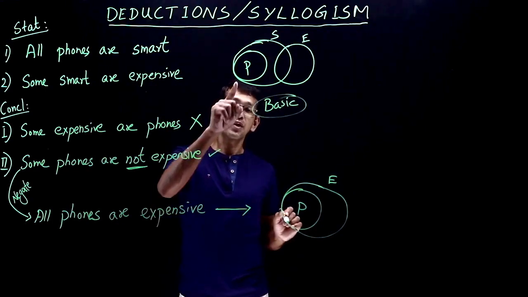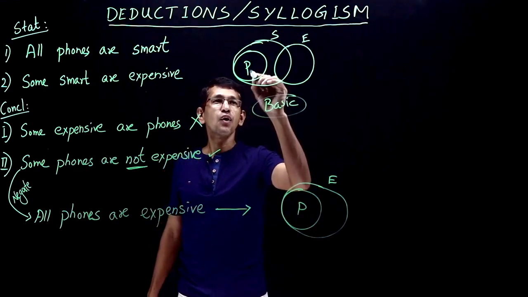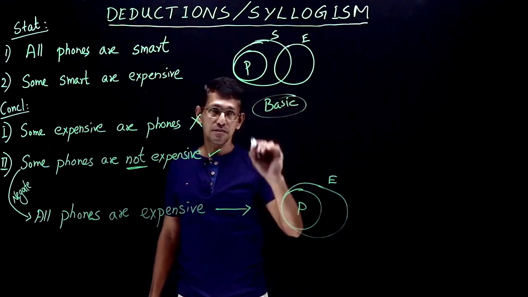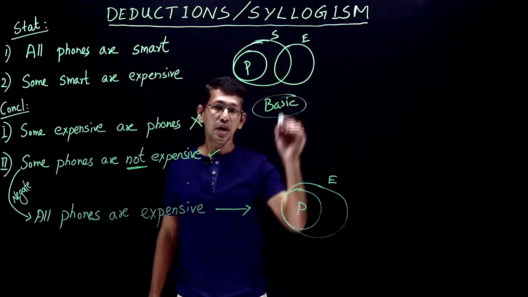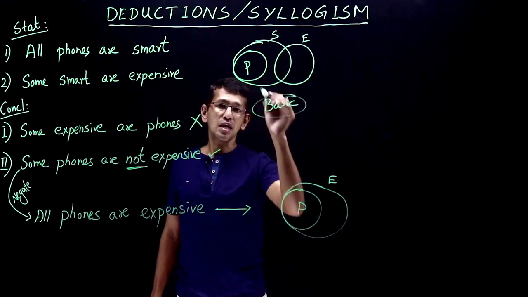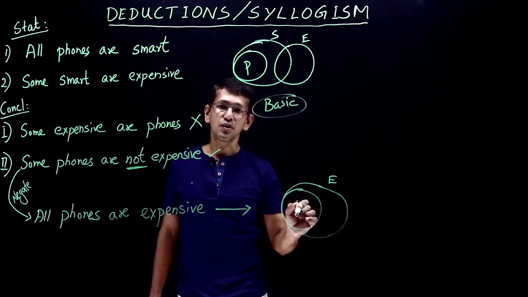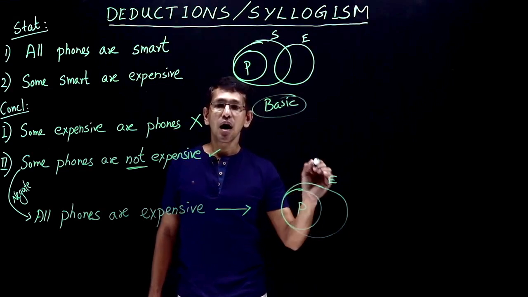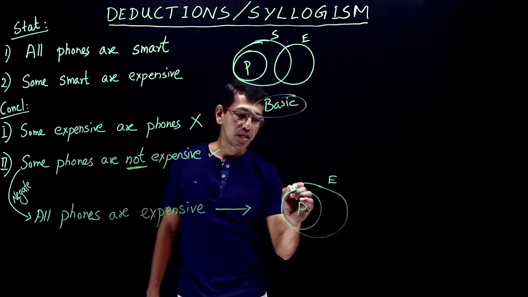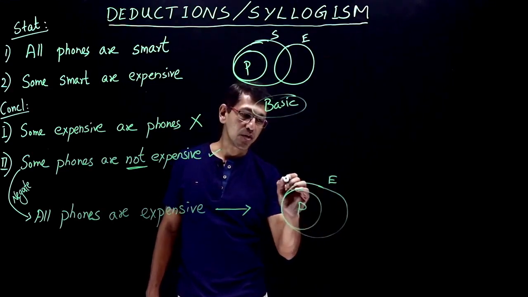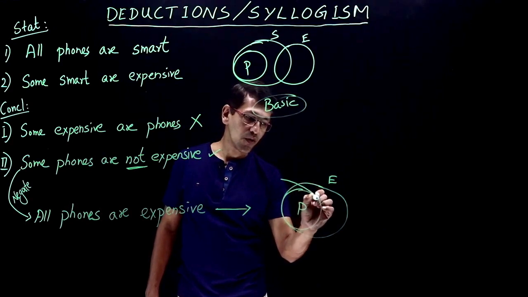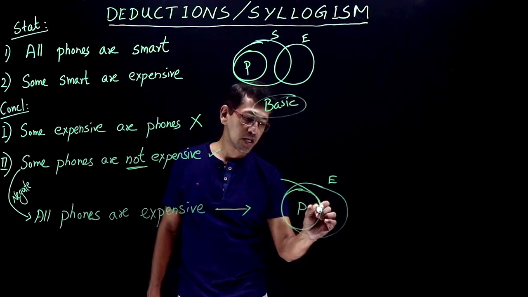What is the connection? All phones are smart and some smart are expensive. So that same connection we need to bring over here. All phones must be smart, so I'll draw it like this. The phones must be inside smart.